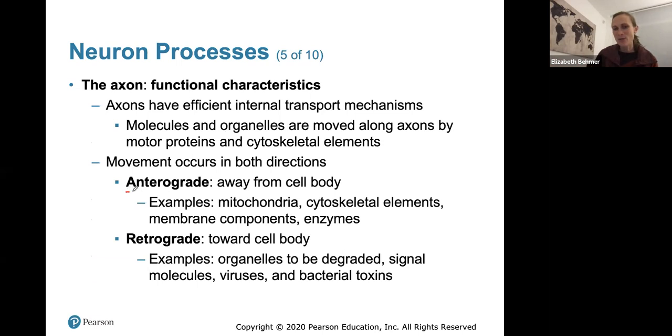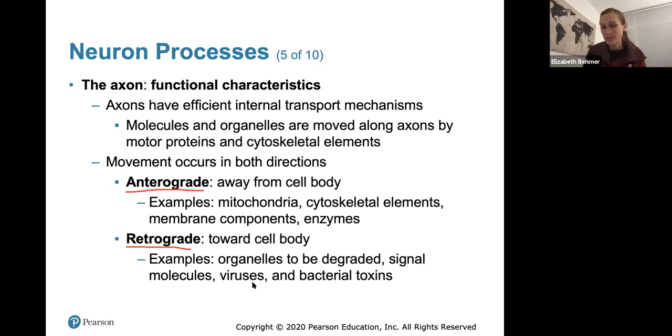Something that's interesting about movement in an axon is that transport can go away from the cell body, and this is called anterograde. This usually occurs in mitochondria, cytoskeletal elements, membrane components, and enzymes. Or the direction can be retrograde, toward the cell body, and this usually carries degraded organelles and signal molecules.